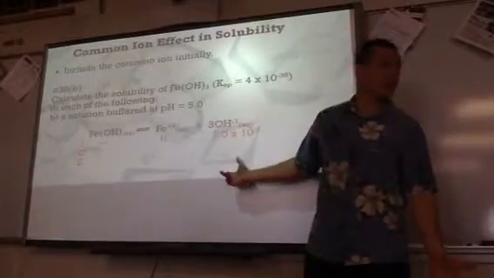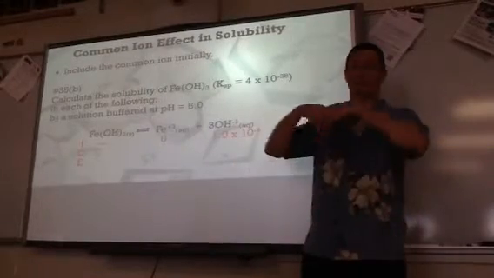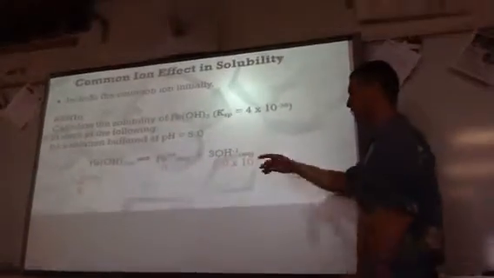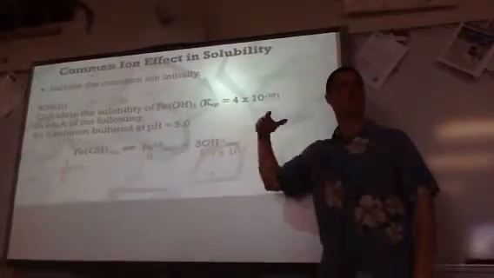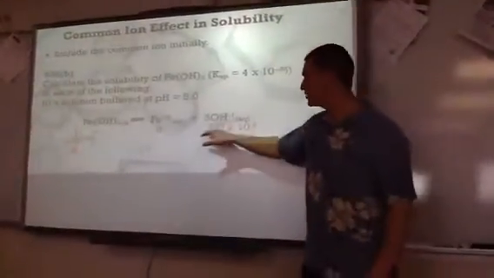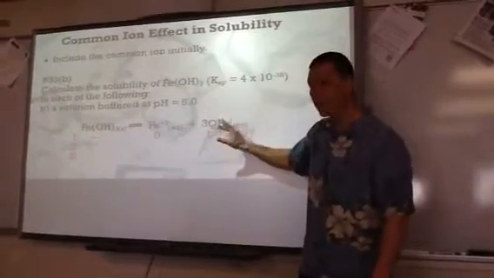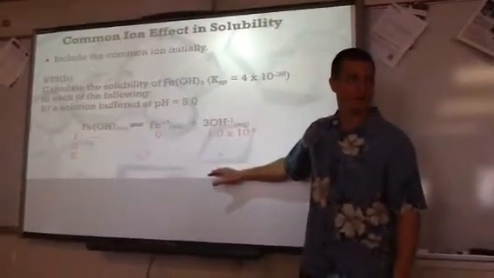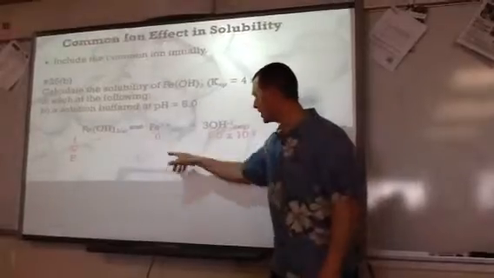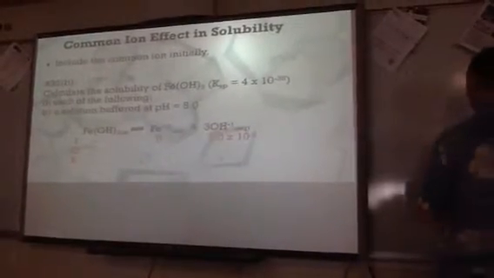Pretty close to the same thing, no matter what happens, unless you exceed the buffering capacity, which we won't, since we're just dissolving some insoluble stuff. So when you see that it's buffered and you have an initial concentration of hydroxide, keep it the same at the end. Even if this number changes, the hydroxide is not going to.